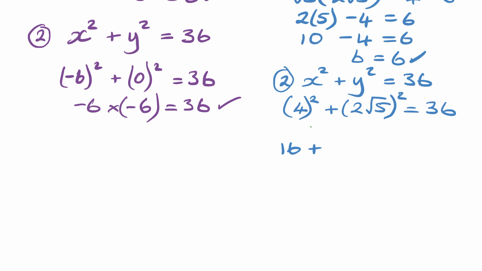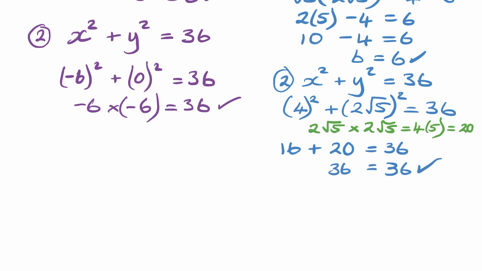We have 2 root 5 multiplied by 2 root 5. 2 times 2 is 4, root 5 times root 5 is 5, and that gives us 20. So 16 plus 20 indeed equals 36. So that one checks out as well.